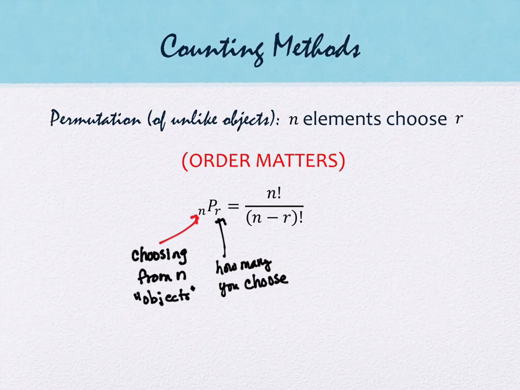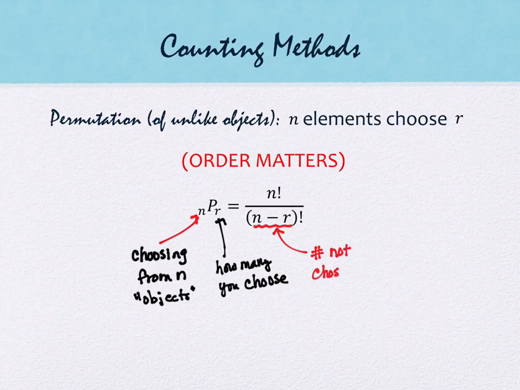So on the top, it's the number of choices you have, things you have to pick from, okay, n factorial. And on the bottom, you have n minus r, which is actually interesting because r would be how many you're choosing. So n minus r would be the number you're not choosing. Down here on the bottom, n minus r is actually the number that are not chosen.